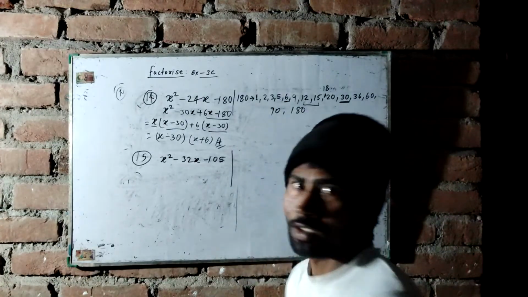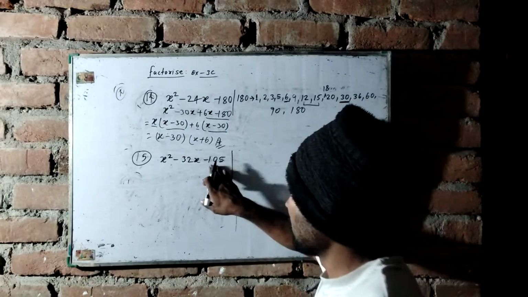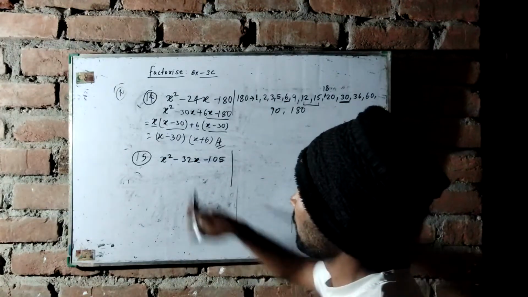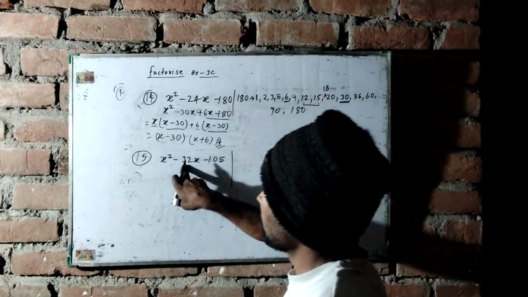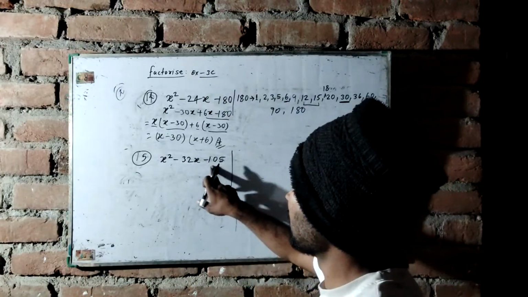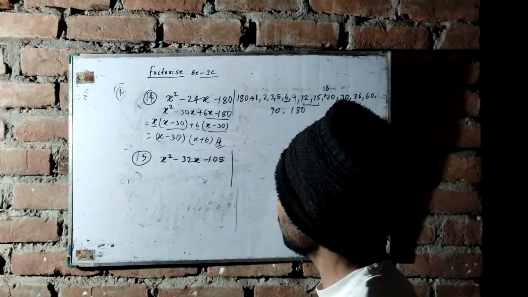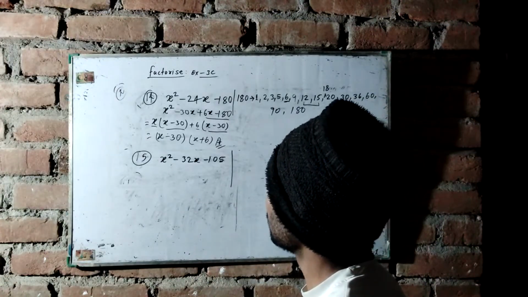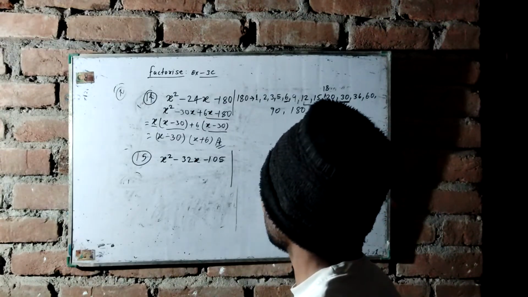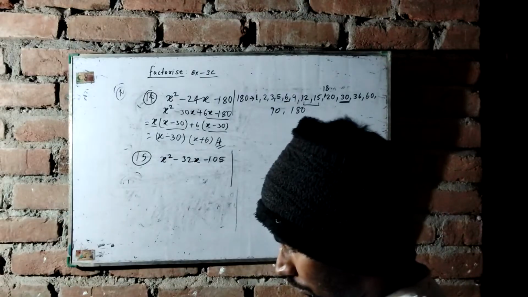So we have to choose two factors of minus 105 whose sum or difference will be minus 32 and their product will be minus 105. So choose two numbers.